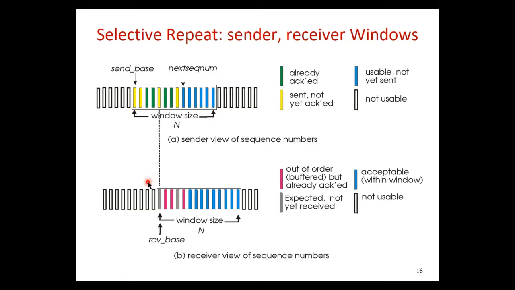They are unusable, but the receiver will not totally ignore them. It will still send back an ACK, otherwise the sender will not be able to slide its window. Otherwise it will be stuck here. So it needs to send back the ACK to allow the sender to slide the window.